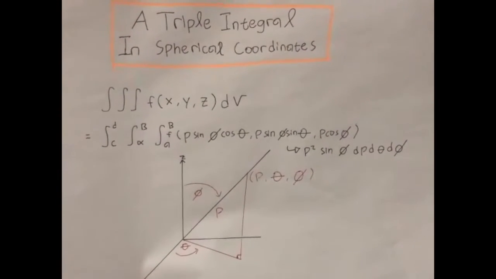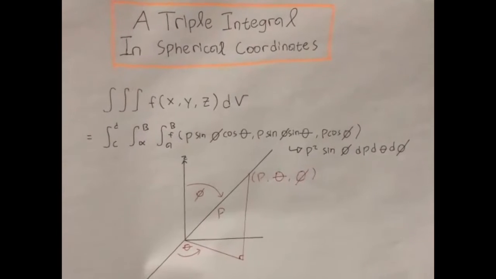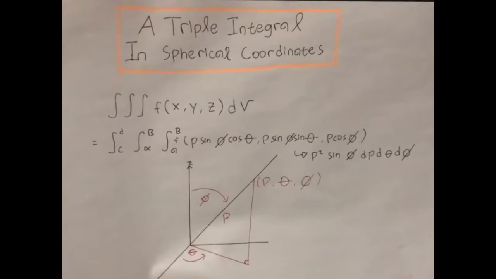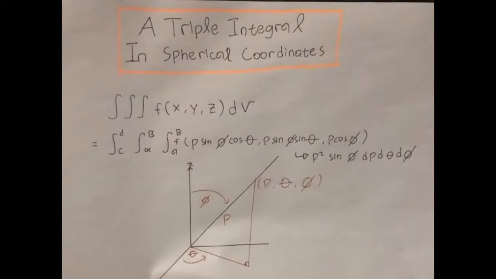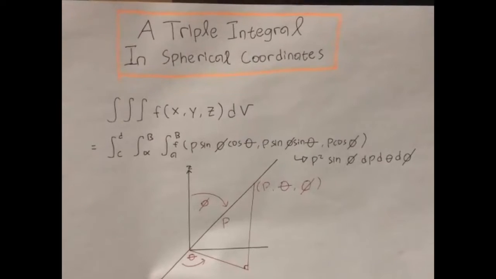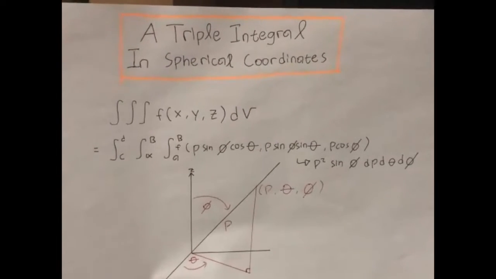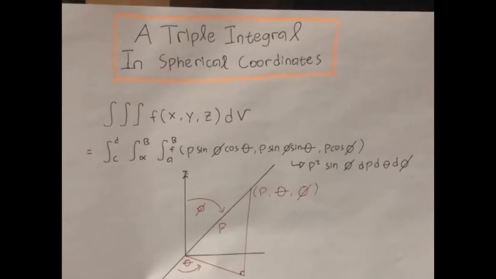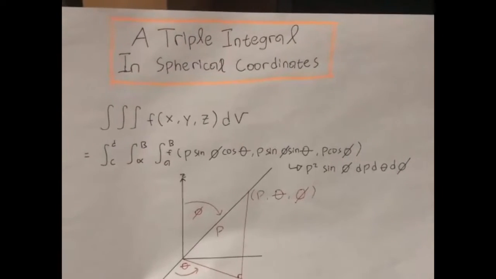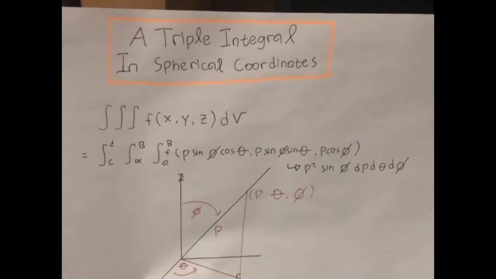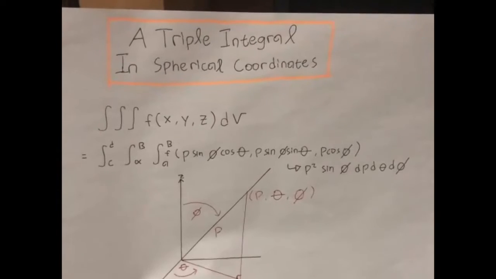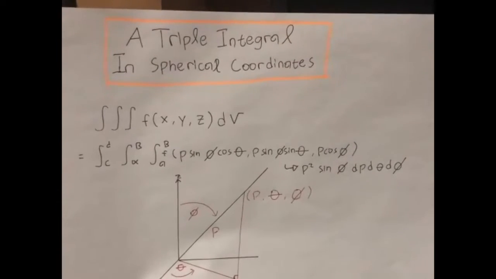So, in this video I'm going to do a triple integral in spherical coordinates. To go from regular Cartesian coordinates to spherical coordinates, you have to replace x with rho, which I'm going to call p, sine phi cosine theta, y with p sine phi sine theta, and z with p cosine phi.